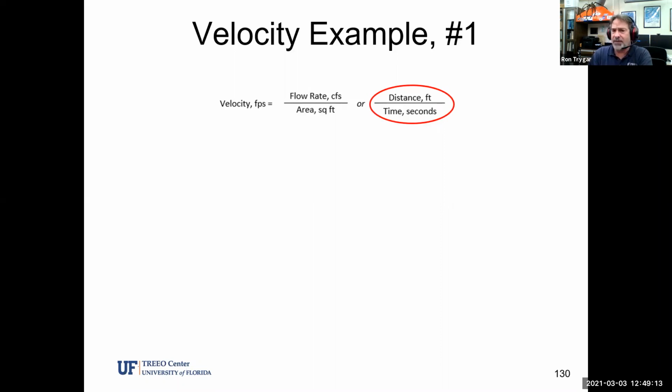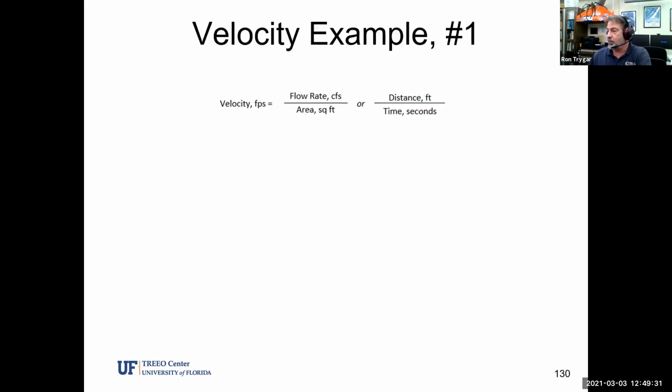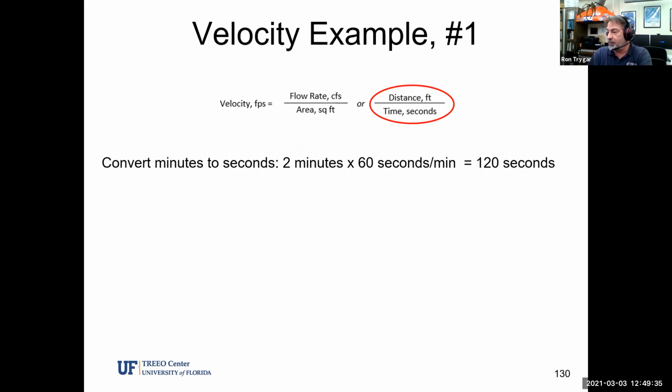Now, I think we got time in minutes. If we go back and look, I think it said it took 2 minutes for it to travel. So we don't have this in seconds, but we certainly do have it in minute units. We didn't actually get a cubic feet per second number to use. That's why I'm showing you this formula here.